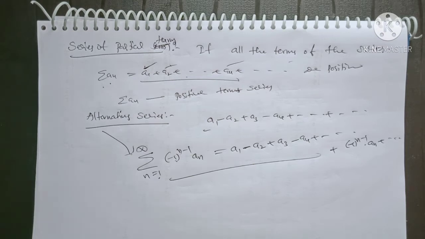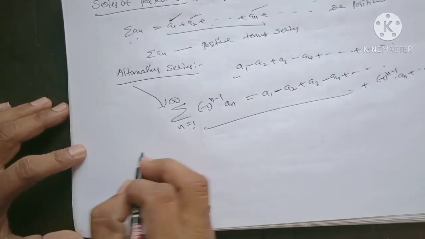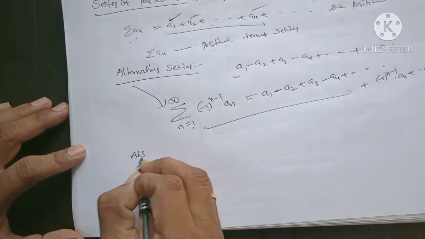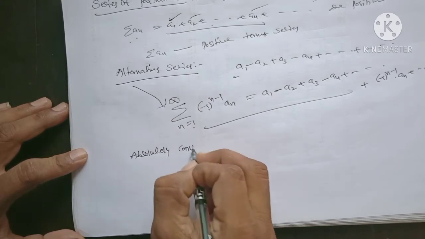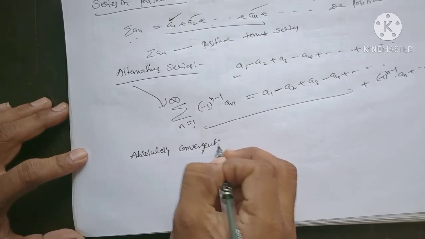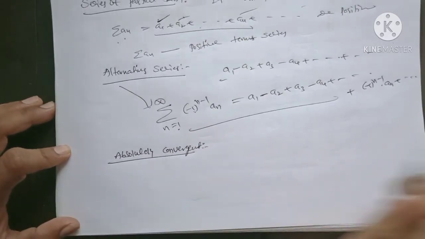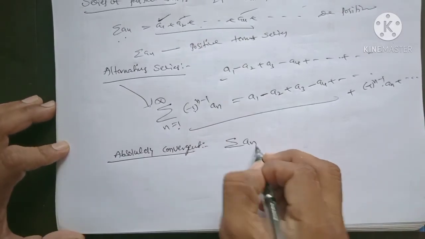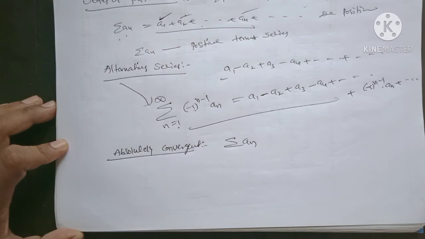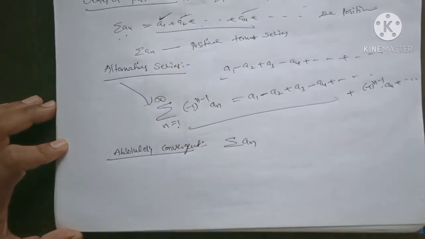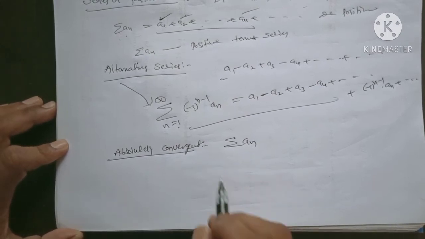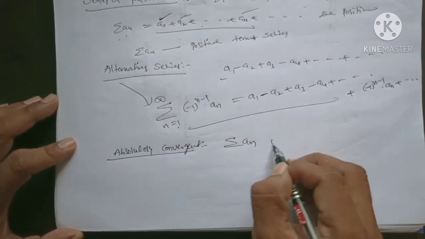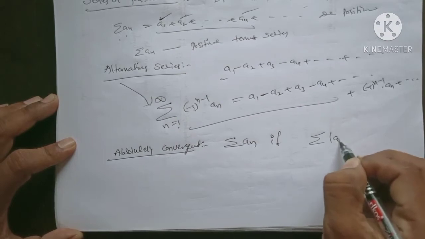Next one is absolutely convergent. The series sigma an is said to be absolutely convergent if sigma mod an is convergent.